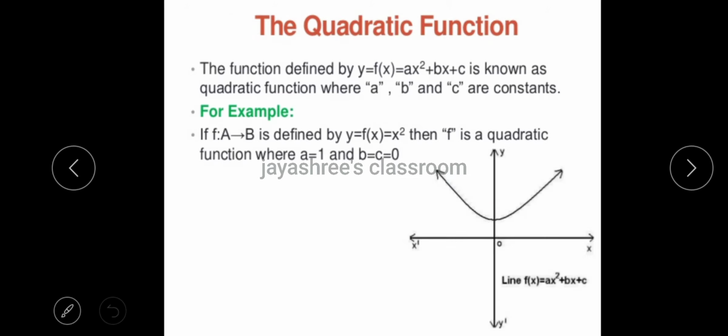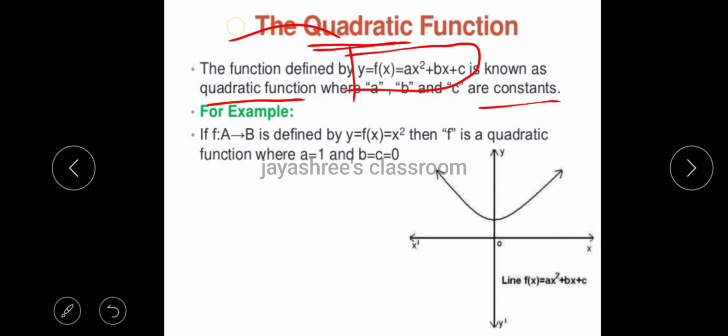Now, the quadratic functions. A function defined by y is equal to ax square plus bx plus c is known as a quadratic function, where a, b and c are constants. From the word quadratic itself, it means that it is of degree 2.